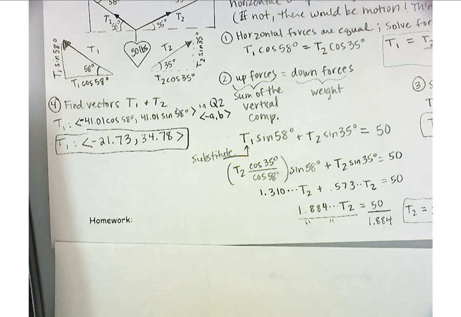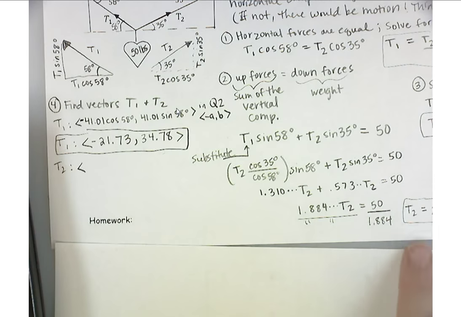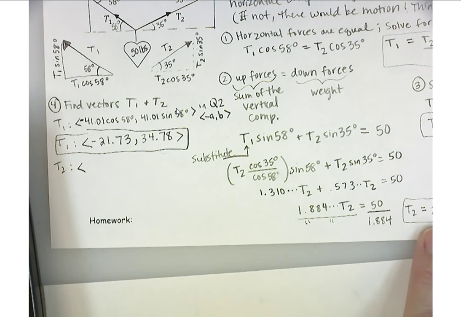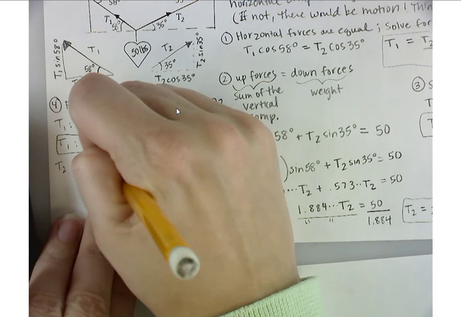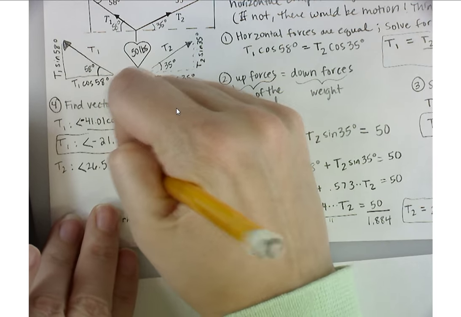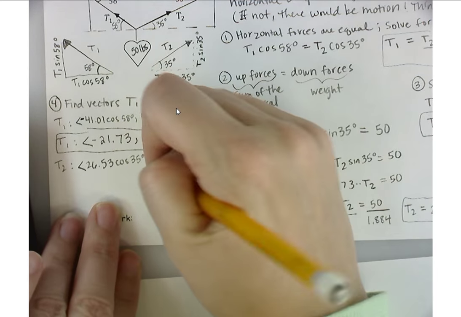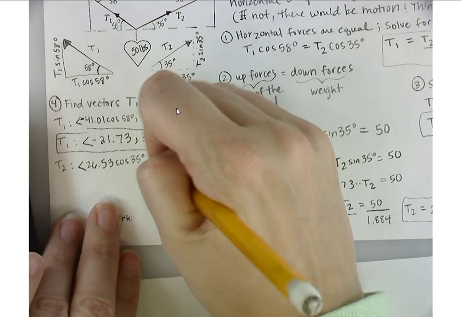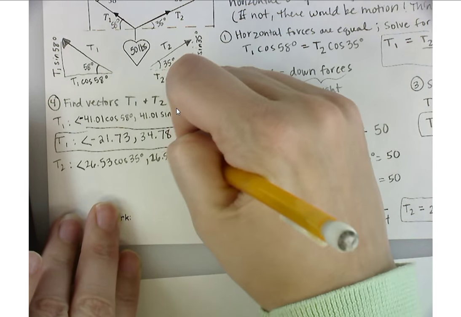Okay, the other one is going to be for T sub 2. So for T sub 2, your tension is the 26.53. So we're going to do 26.53 times the cosine of 35 degrees for this one. And then T sub 2, which is 26.53, times the sine of 35 degrees.